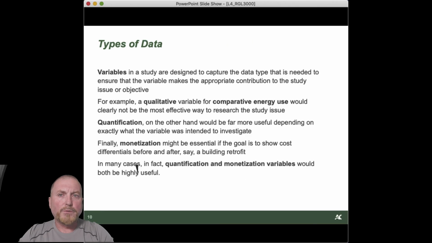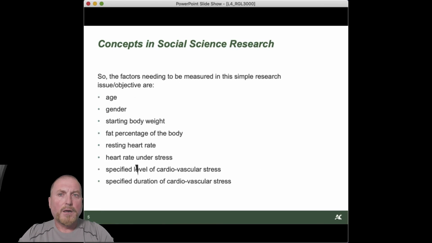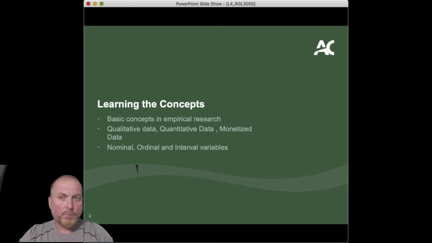Now, in some cases monetization is not going to be possible and we have to settle for quantification. But very rarely in a RIAS would we rely on qualitative data beyond its essential role in developing the themes, the ideas, the conclusions, the analytical insights that come out of quantified and monetized data analysis.